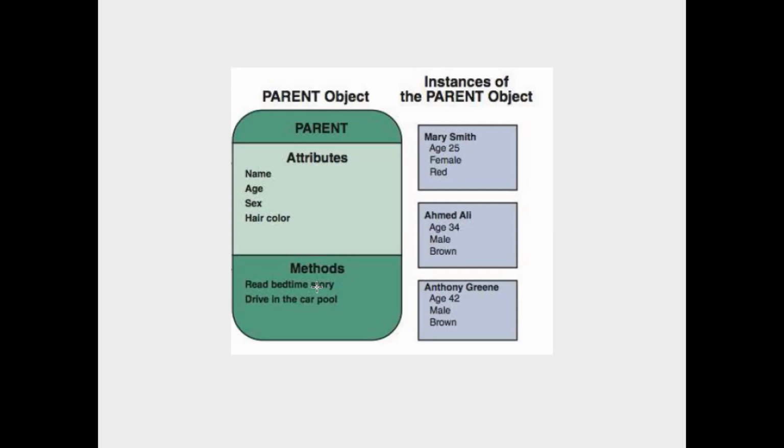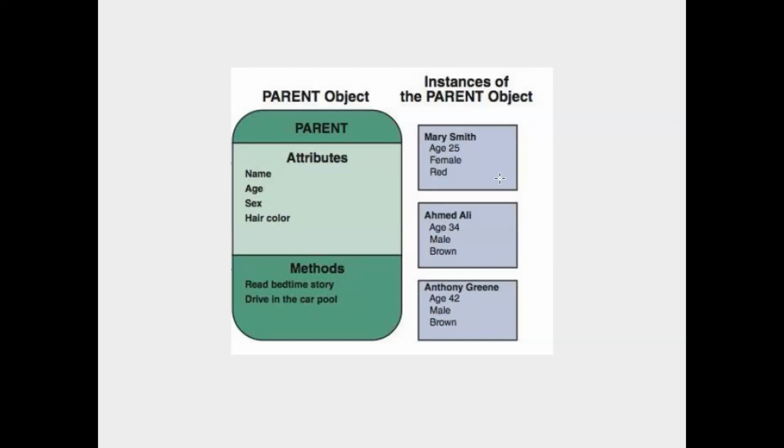For example, in this example, you see we have 3 instances. The first instance is Mary Smith. That is the name. Age is 25, the gender is female, and the hair color is red. Similarly, take another example.